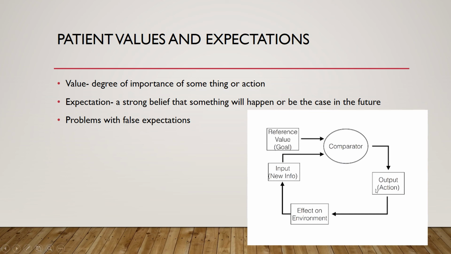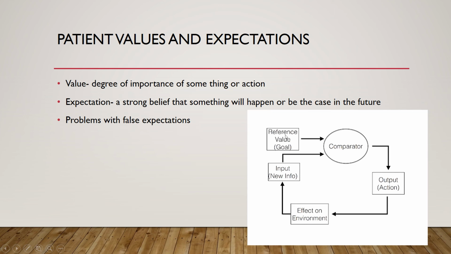So if someone's overweight, they're told that they're overweight, they view themselves as being a normal weight, then they will go out and exercise or eat more broccoli or whatever. And then there's some type of effect on the environment.